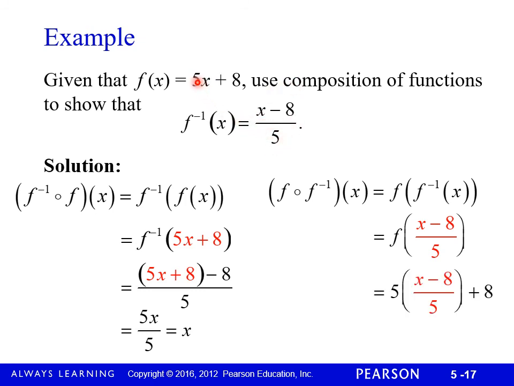Again, 5 times x now becomes 5 times the inverse formula, (x minus 8) over 5, plus 8. Well, because fractions are division, and division is the inverse of multiplication, these will cancel out. And so we get x minus 8 plus 8, which again equals x.